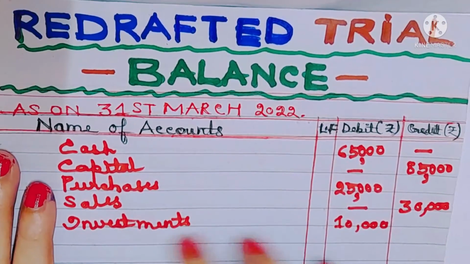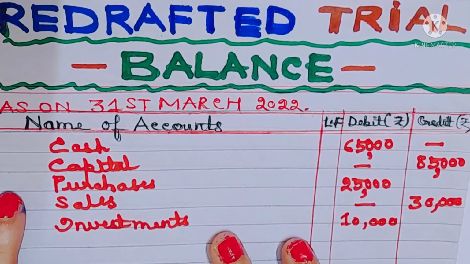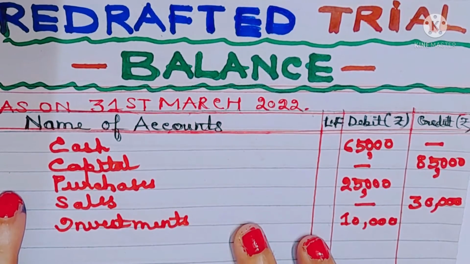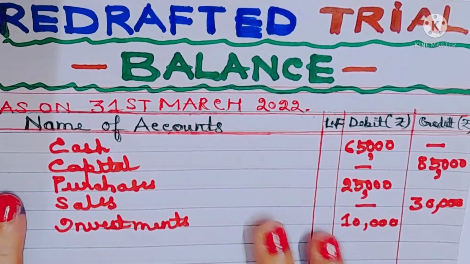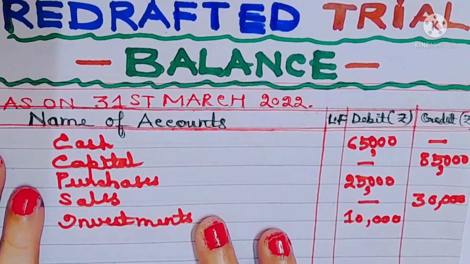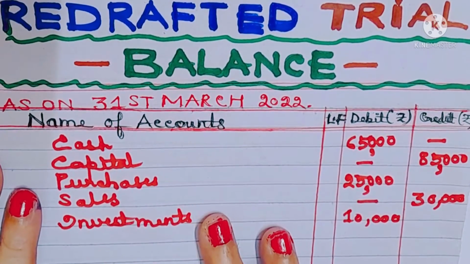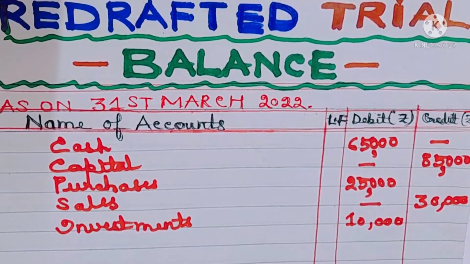Now what is investment? Investment means you can invest a huge amount of money in a fixed deposit account or in some other scheme. If you invest some amount of money in a fixed deposit account, what are you going to get? What is a fixed deposit account? A fixed deposit is made for a fixed period of time and cannot be withdrawn before the expiry of the period: 1 year, 3 years or 5 years and so on.